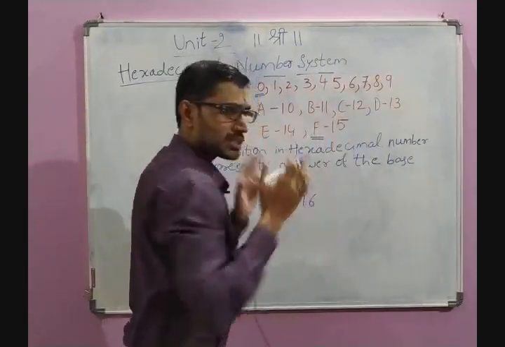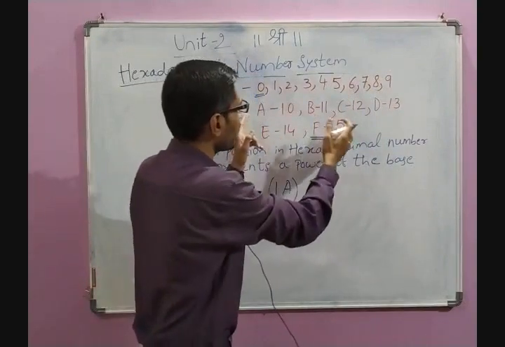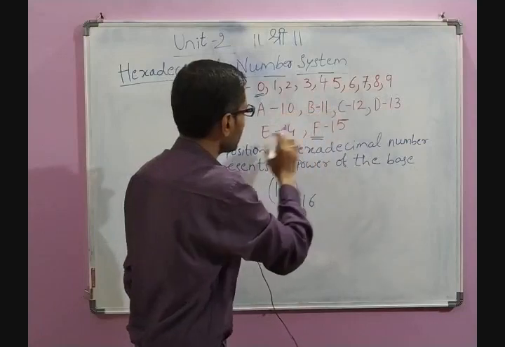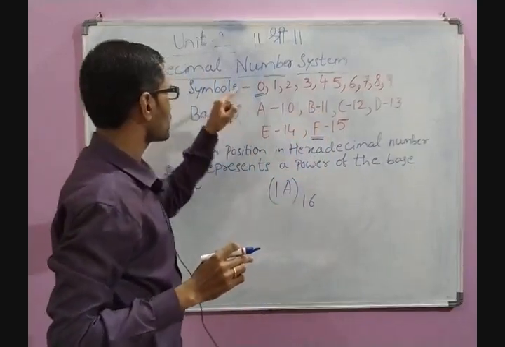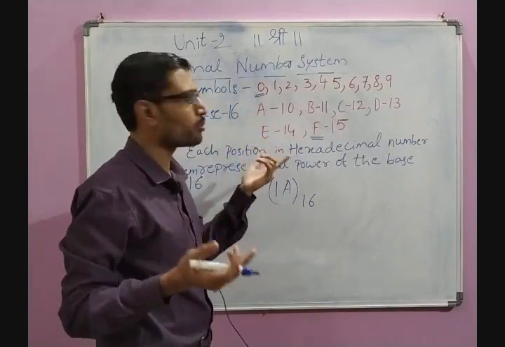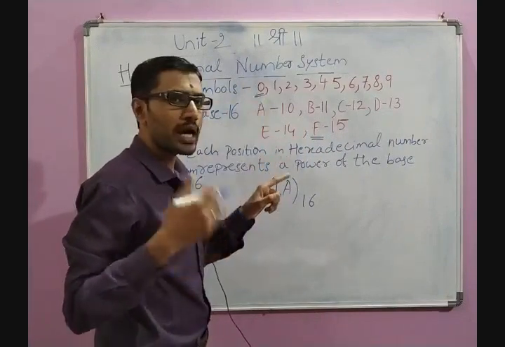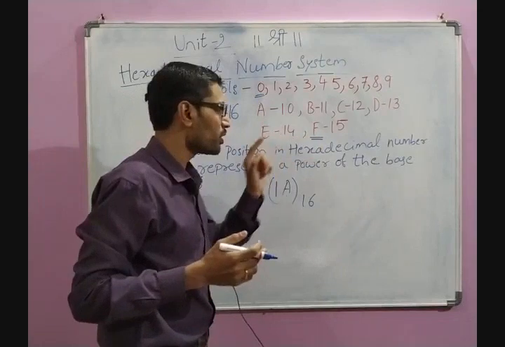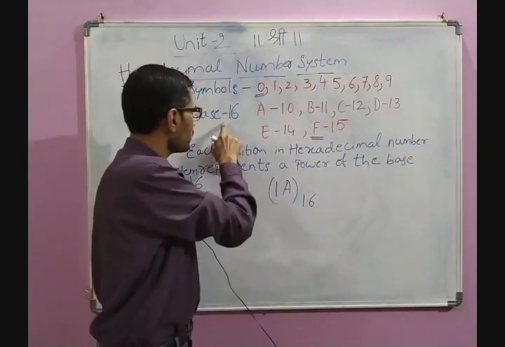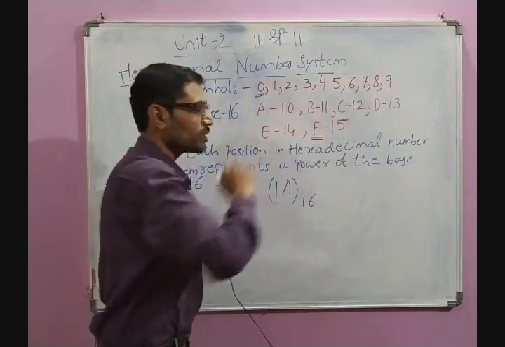The 10 initial symbols, and for the remaining 6 we use A, B, C, D, E and F. The smallest symbol is 0 and the largest symbol is F, which is 15, 1 less than the base.